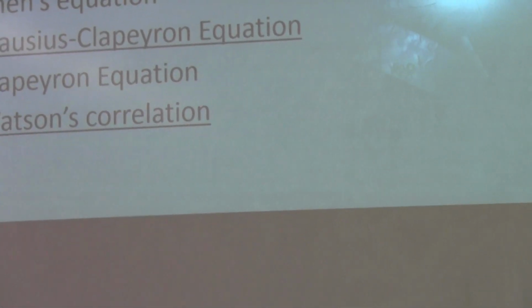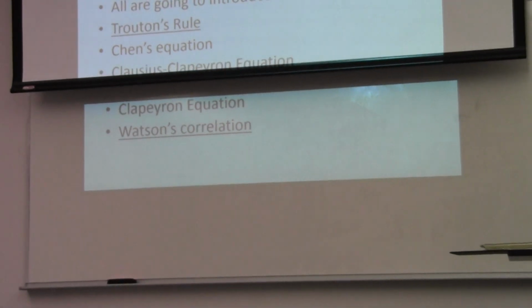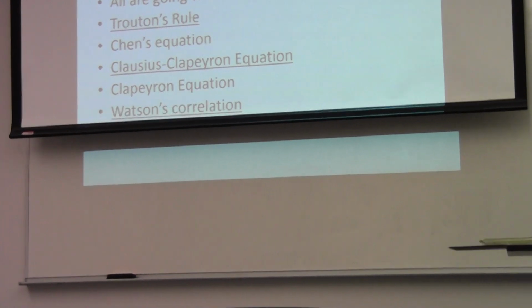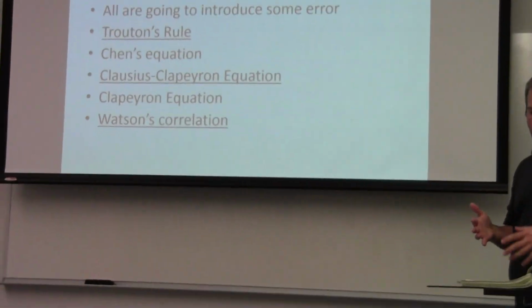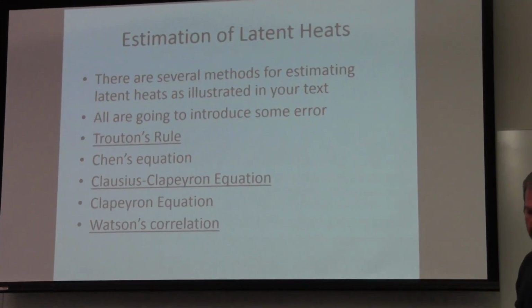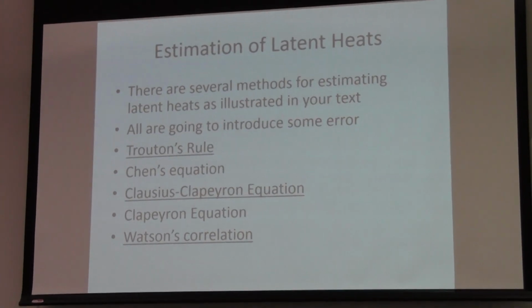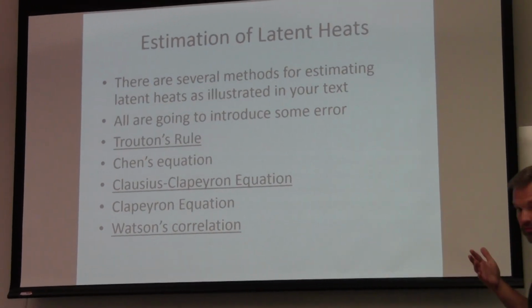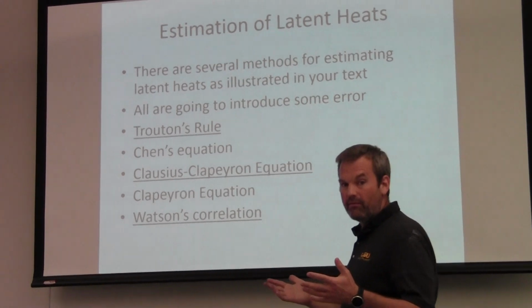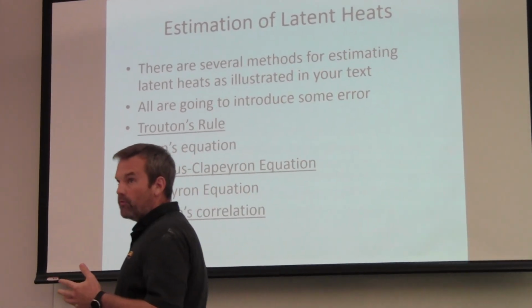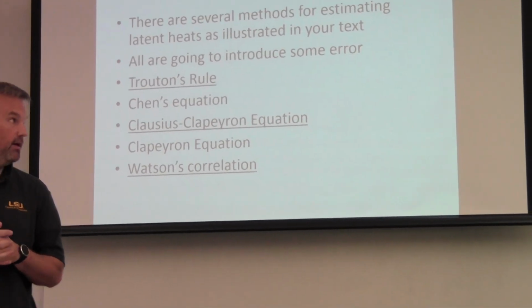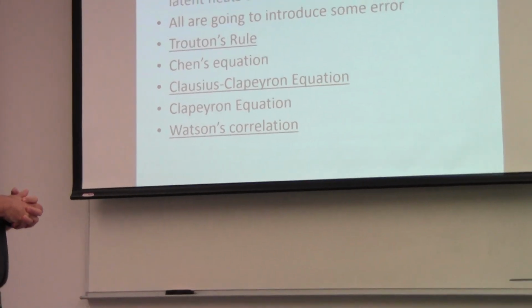In this class, not as much, but sometimes in your other classes, like in thermo, there may be times where you need to do an estimation of latent heat. You can't look up the heat of vaporization in the book for some reason, so you have to estimate it. There's a lot of different ways to do that.